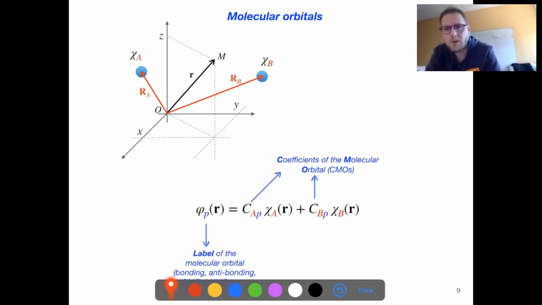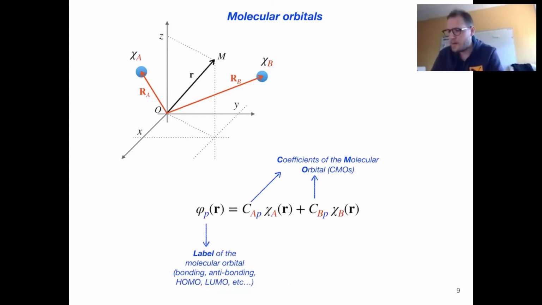So it's just one of these molecular orbitals, and as I wrote here, it's a linear combination of the atomic orbitals. The coefficients that you have to evaluate, which Vincent explained for example in Hartree-Fock theory, are what we usually call in chemistry the CMO, the coefficients of the molecular orbitals, the MO coefficients.